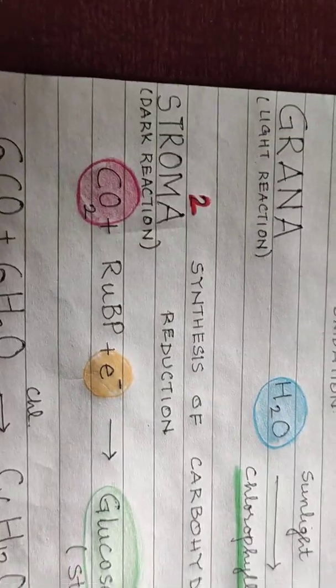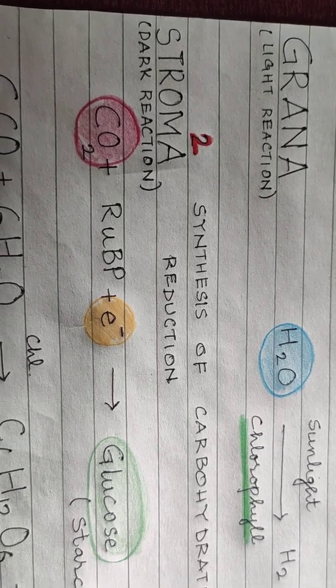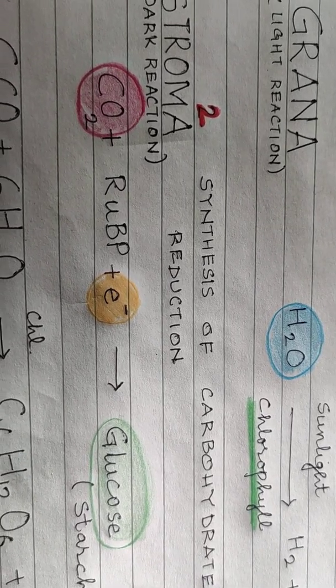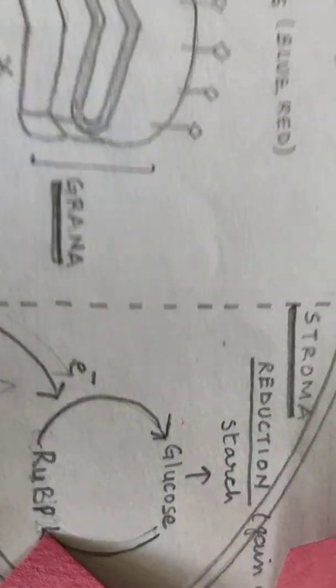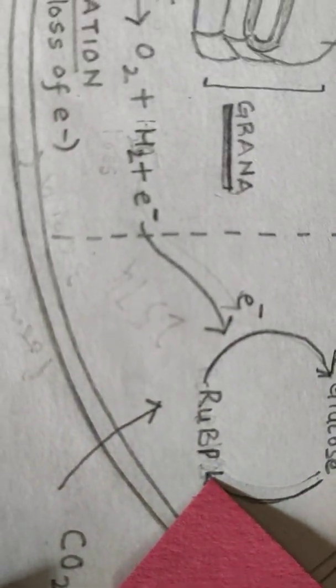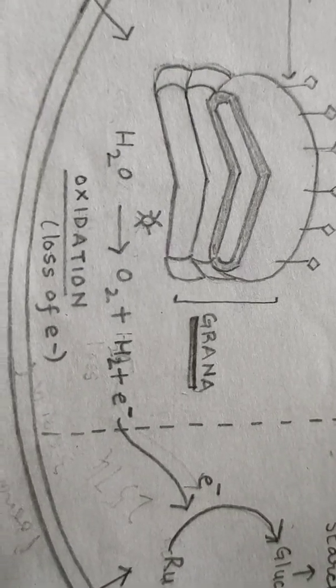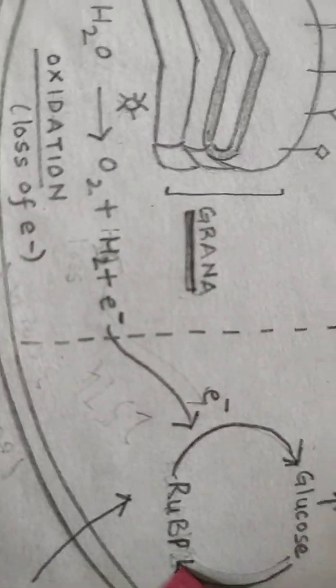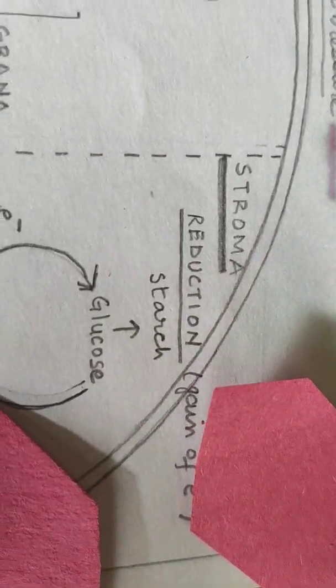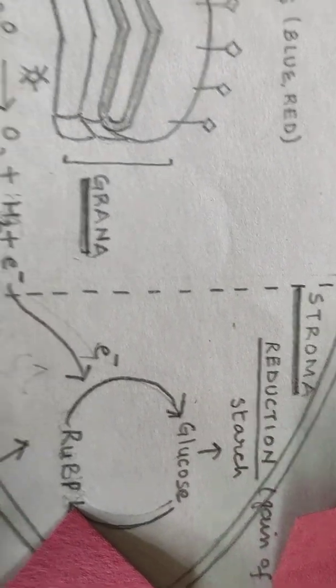The next step is taking place in the stroma, which is the dark reaction. Here already in the stroma is present a sugar called RuBP. The electrons which are lost by the water are here gained. So there is gain of electrons, and we call it reduction.